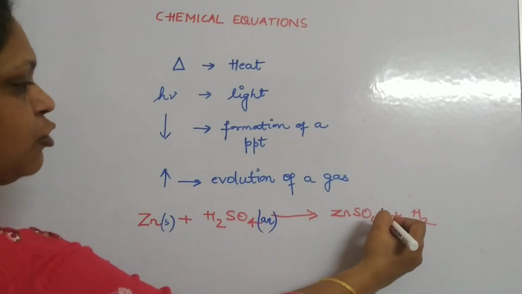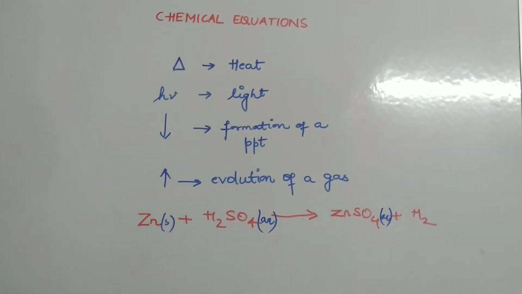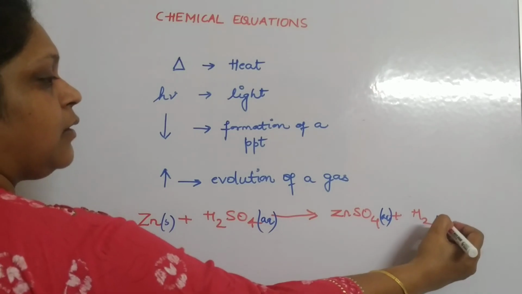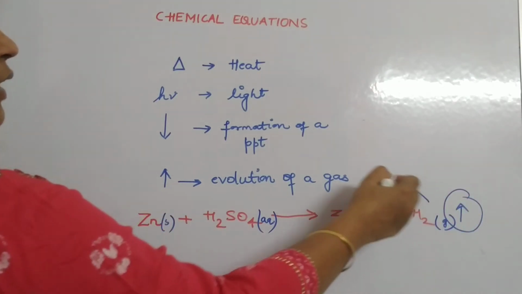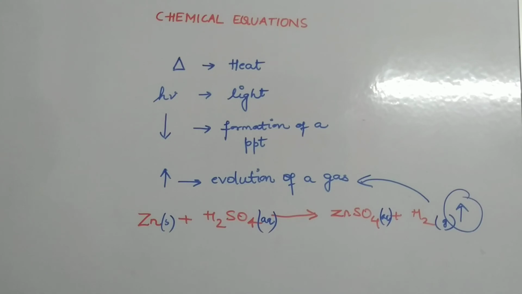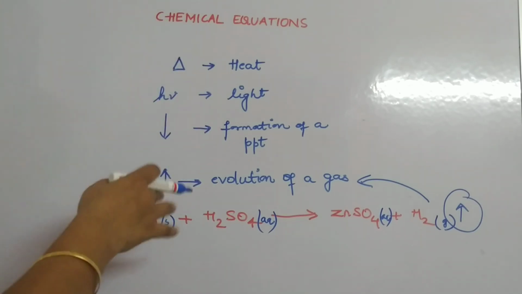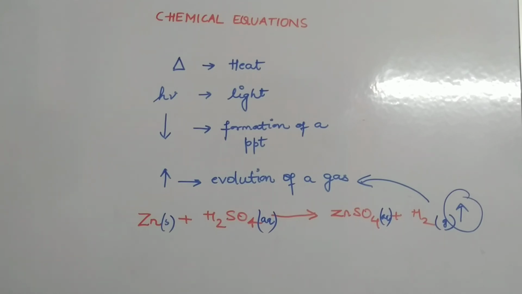Zinc sulfate will also be aqueous, aq, and hydrogen is a gas. So we need to write an upward arrow, which indicates the evolution of a gas. Similarly, if a downward arrow is there, it means a precipitate is formed. We will be discussing them in the other reactions that we will be doing.